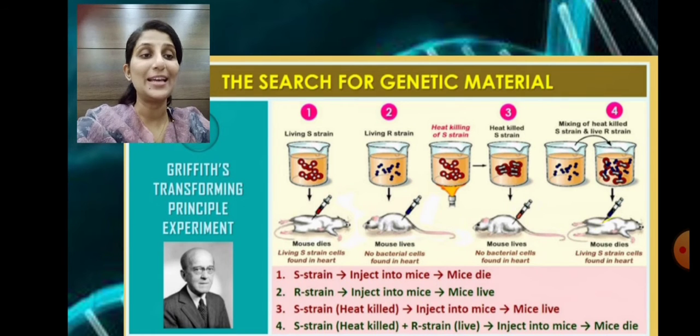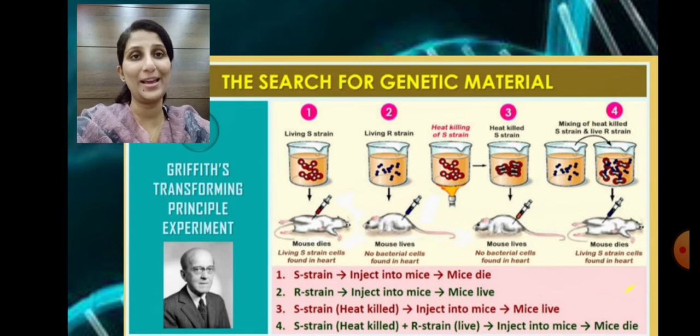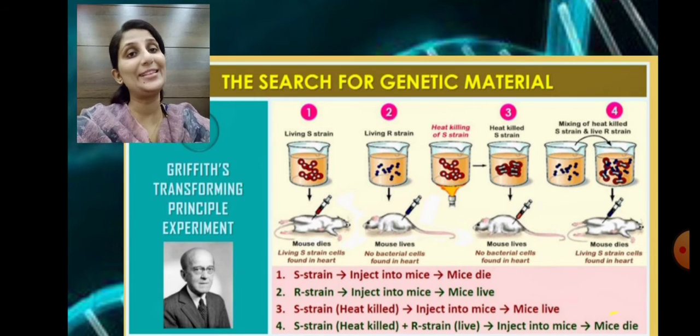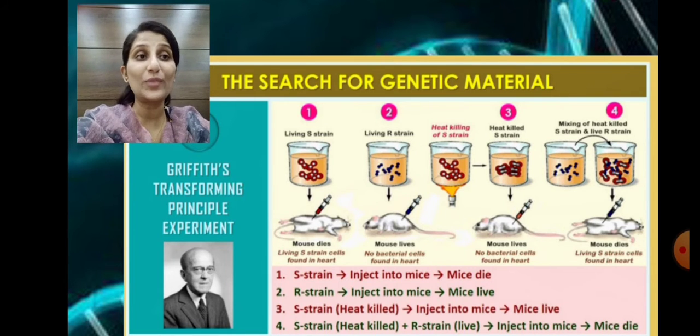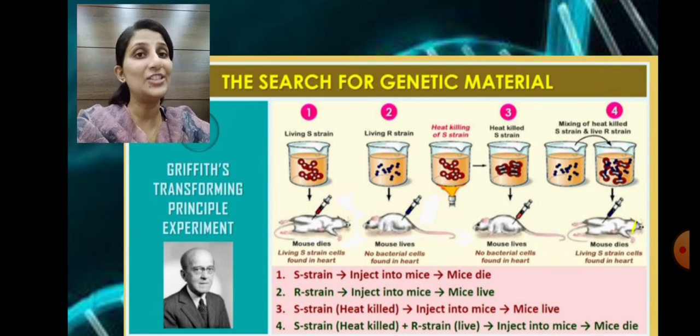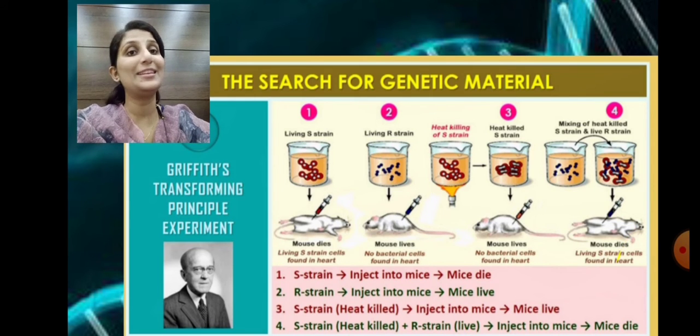He also observed that living S strain cells were found in the dead mice. But these S strain cells were actually heat-killed. But when mixed with R strain cells and injected into the mice, the mice died of pneumonia, and Griffith discovered living S strain bacteria in the mice.